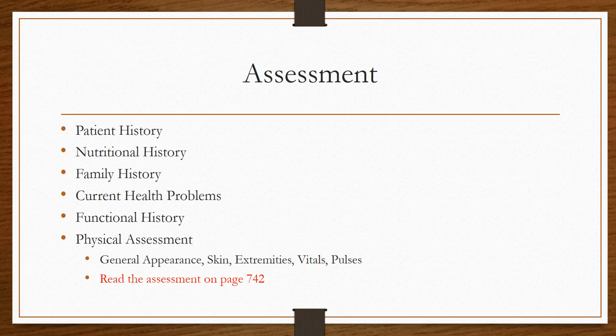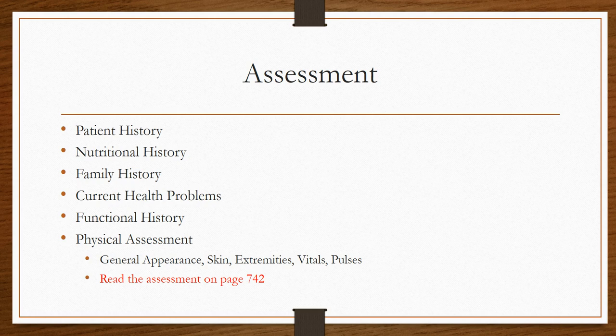On page 742, there is chart 27-6, which is an assessment of acute coronary syndrome and acute myocardial infarction. This is a pretty good way of trying to find out more information from your patient. And before I forget, I also wrote down 738, which is chart 27-3, the self-administration of nitro.